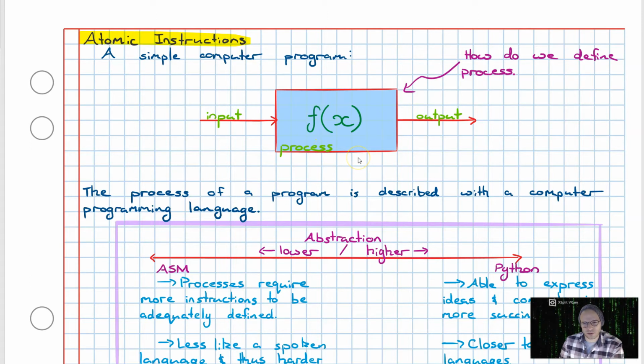So if we're doing something as simple as making a sandwich, then we're quite capable of understanding instructions like cut the bread, slice the vegetables, add the ingredients. It's quite simple to us. However, if we try to use those sorts of instructions on, say, a machine or a computer, it's not going to understand because the definition of slice of bread is not defined in terms of a computer instruction.